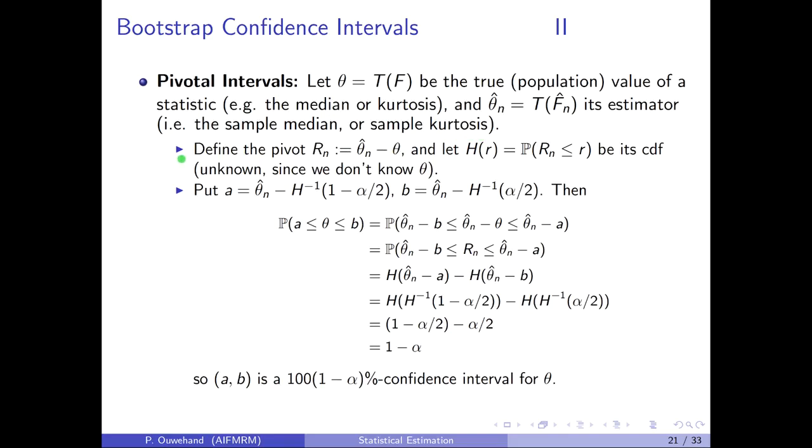Now define a pivot random variable Rn as follows. Rn is theta hat n minus theta. Now observe that we actually do not yet know theta. Theta is what we're trying to estimate. Let H be the CDF of Rn. In other words, H of r is equal to the probability that Rn is less than or equal to little r.